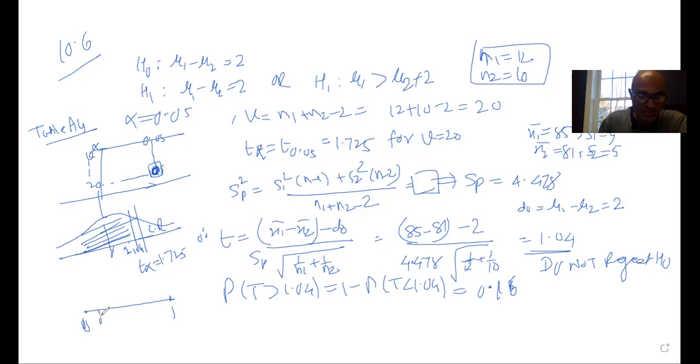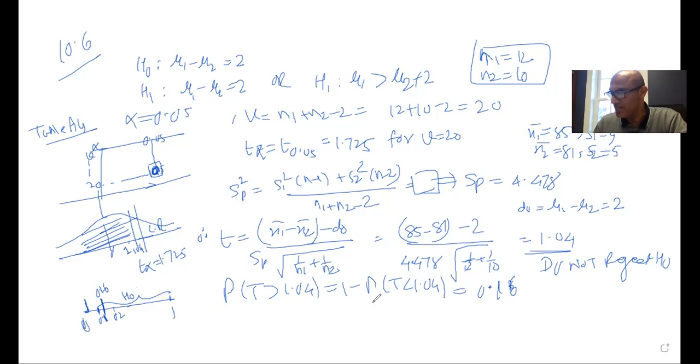Suppose you have 0.01, then 0.02 and so on. So 0.16 lies somewhere over here. If it is 0.001, something like over here, at that time we reject, but at least 0.1 and so on, we accept H0, right?